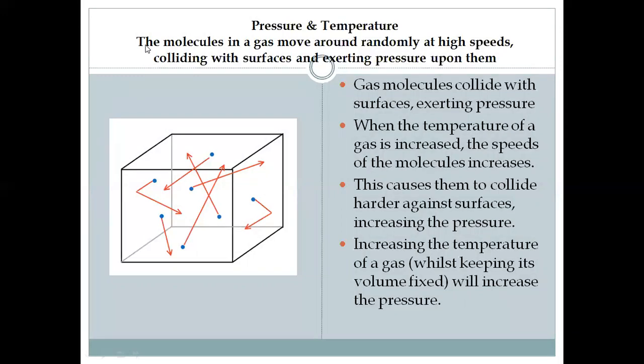When the temperature of a gas is increased, the speed of molecules also increases. This causes them to collide harder with the surface, and this increases the pressure. Increasing the temperature of a gas increases the pressure. So temperature and pressure are directly proportional to each other when the volume is fixed, when the volume is constant.